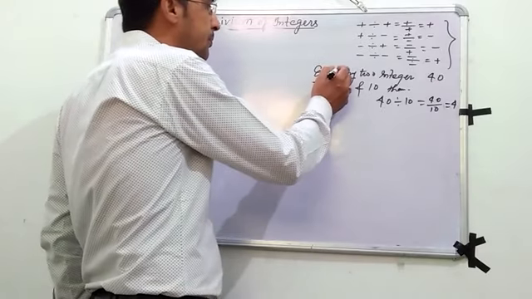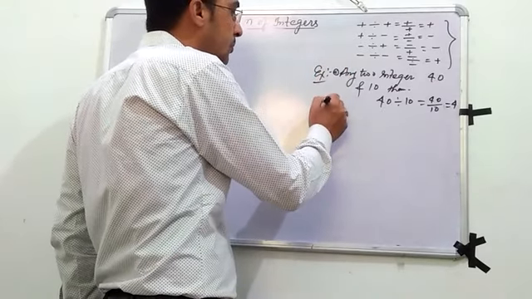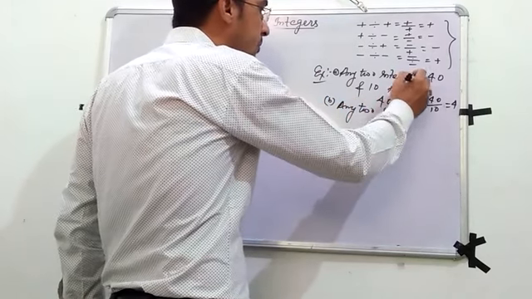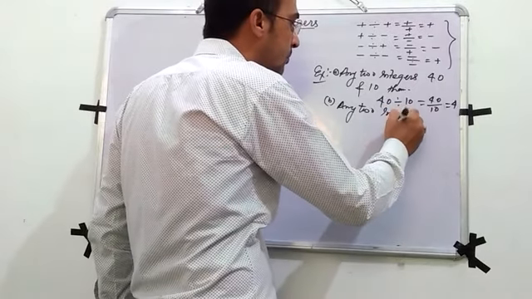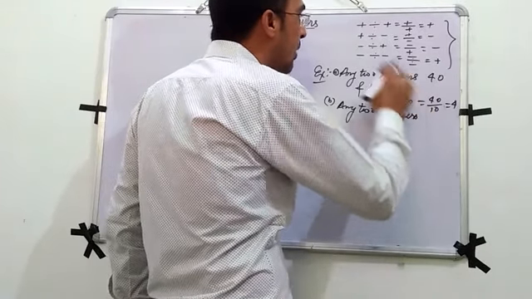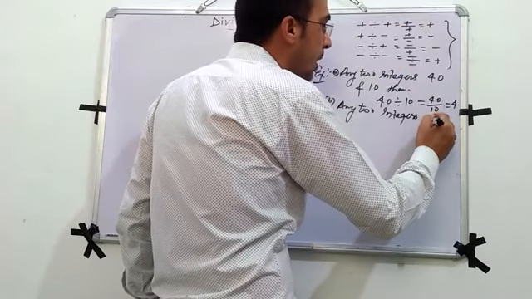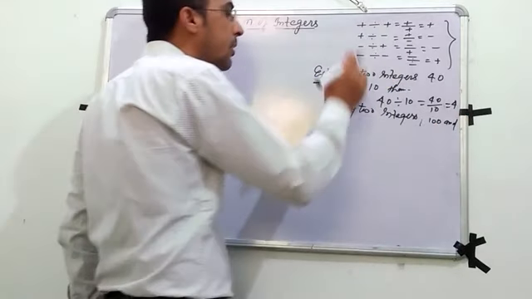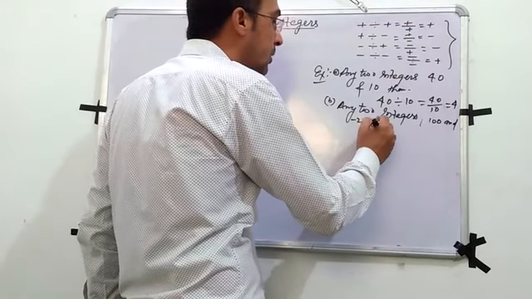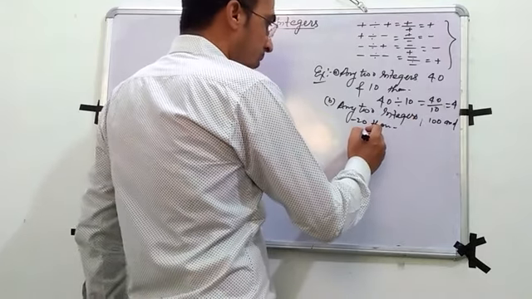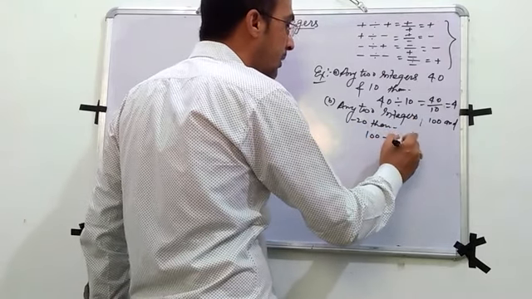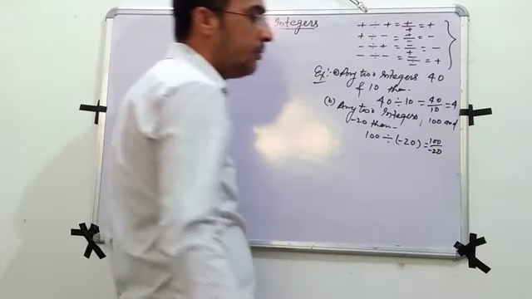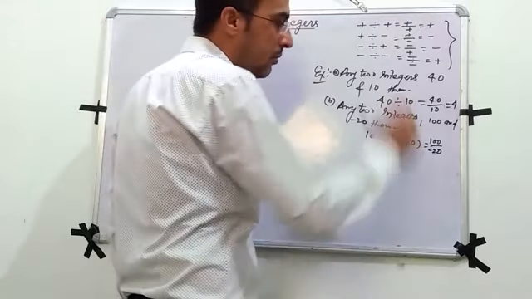Now the second one. Any two integers, suppose one is positive and another is negative, suppose 100 and minus 20. Then 100 divided by minus 20, we write like this.